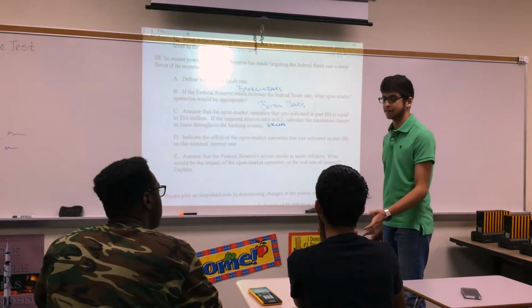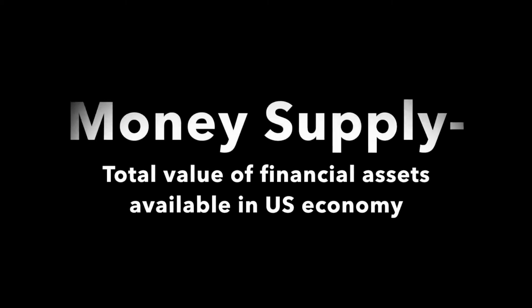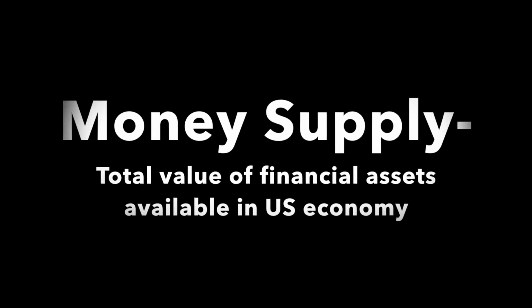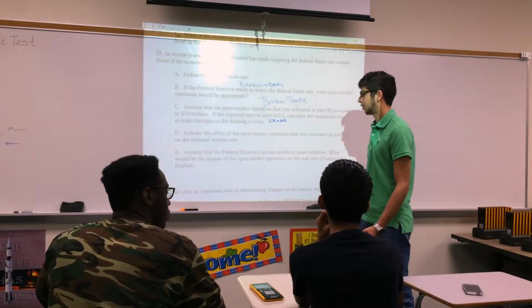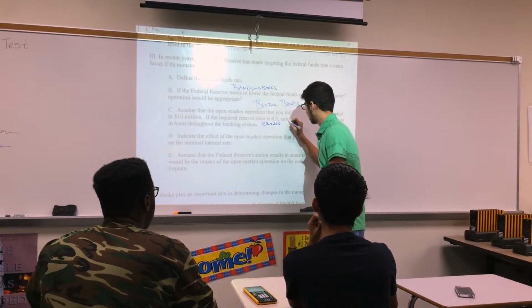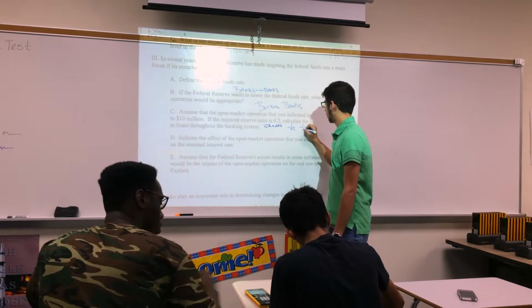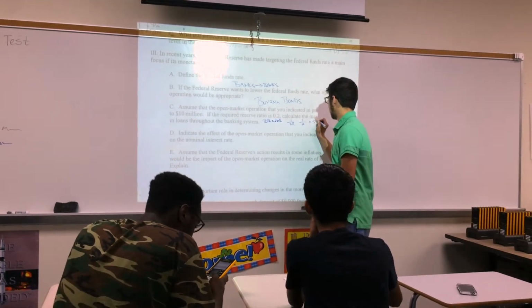So it's asking for the maximum change in loans, not how much the money supply is increasing by. Since it's a banking system and not a single bank, you have to use a monetary multiplier. You're going to calculate your monetary multiplier by 1 over RR. So it's 1 over 0.2, and that is equal to 5.